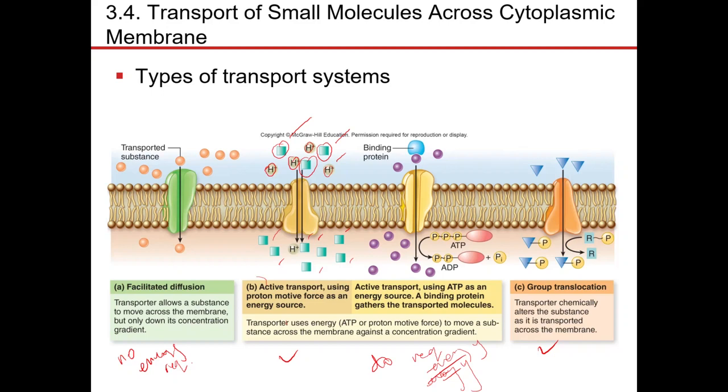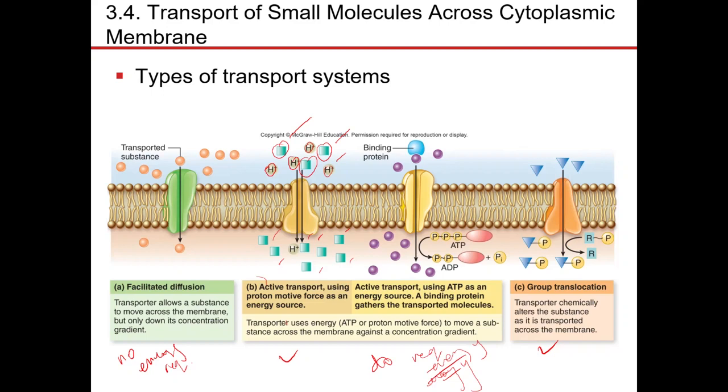So bringing them from outside to in means you're going against a concentration gradient, right? Unlike in diffusion, where it's a passive process, it goes down the concentration gradient. But now you're going against the concentration gradient, which means it's like you're swimming against the current, right?